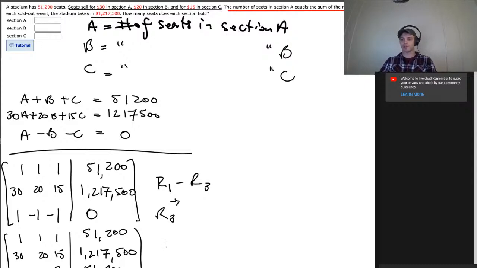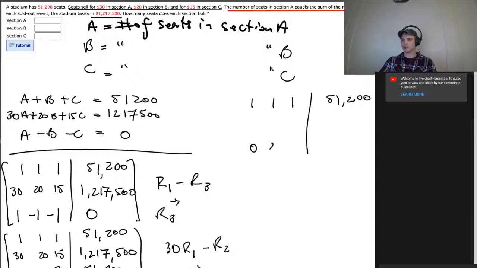All right, so I'm going to do 30 times row 1 minus row 2, and we'll store that into row 2. That's going to be our new row 2. Row 1 doesn't change, so let's just copy that: 1, 1, 1, 51,200. Actually, let me do row 3. So we've got 0, 2, 2, 1,200.